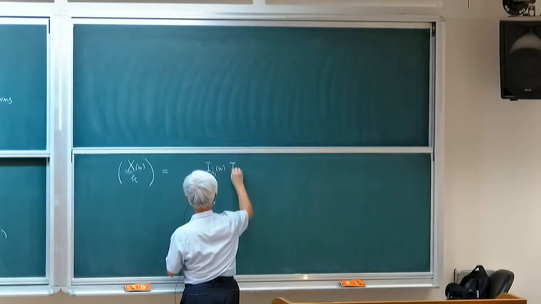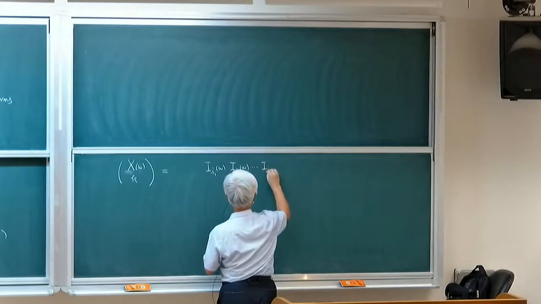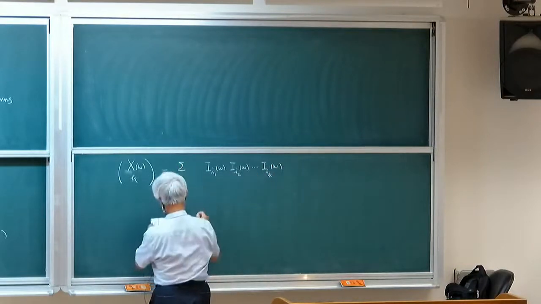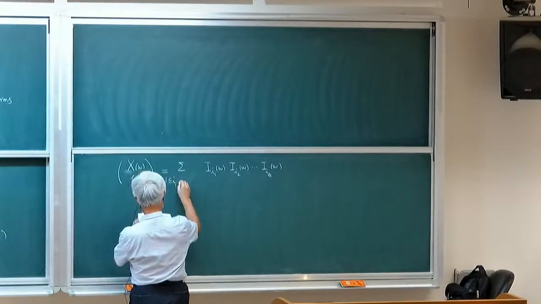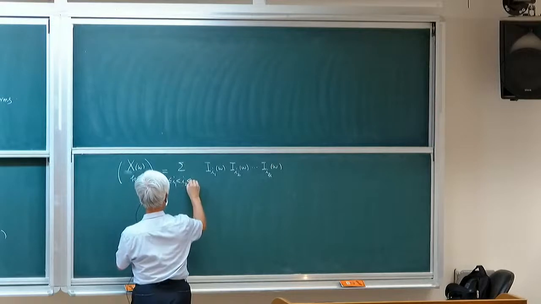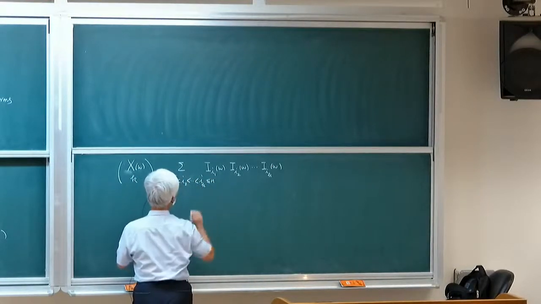I_{i1}(omega), I_{i2}(omega), up to I_{ik}(omega), and the summation is over i1 less than i2, up to less than ik, less than or equal to n.